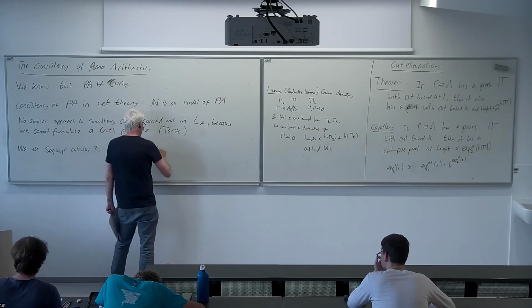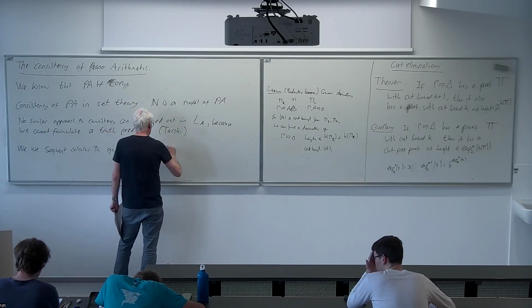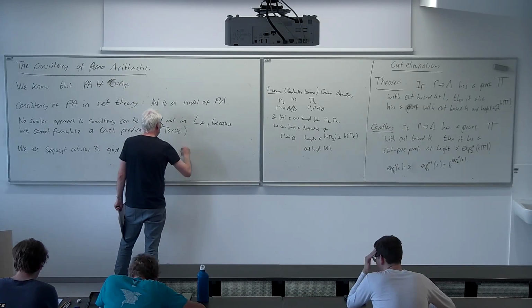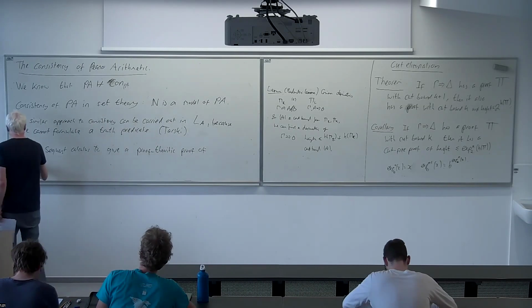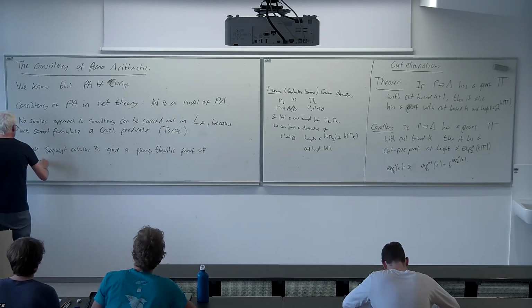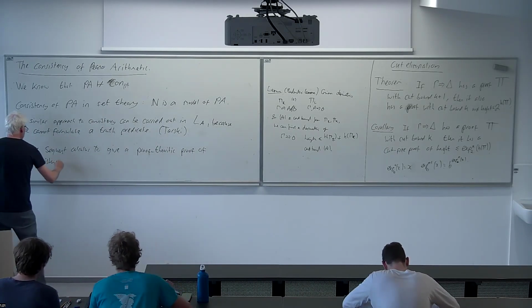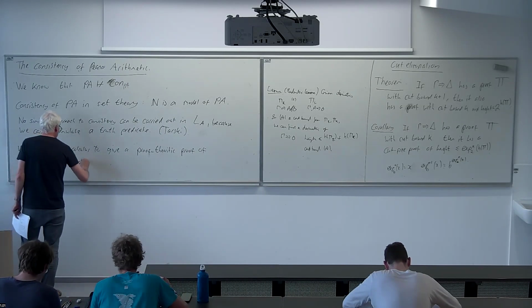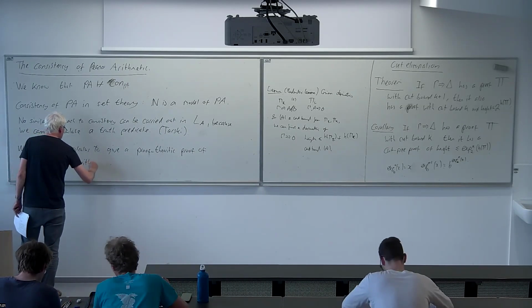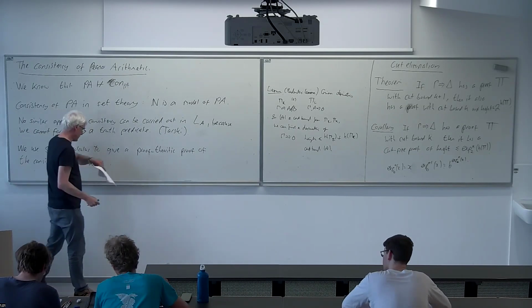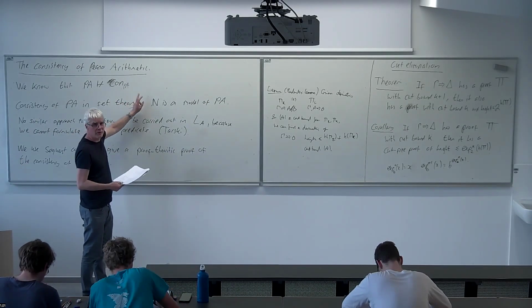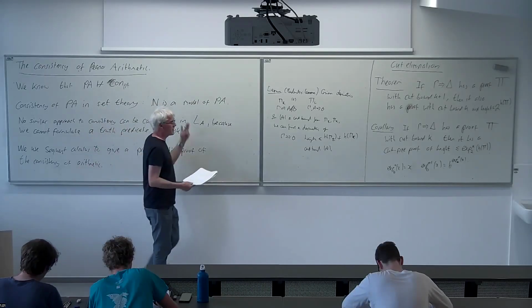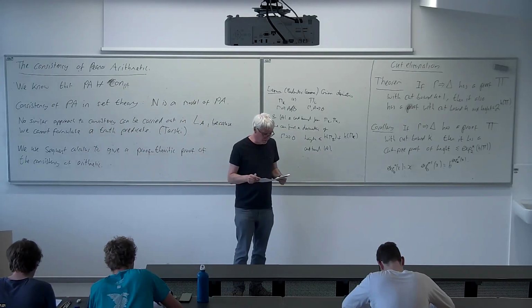So people call these proof-theoretic proofs of the consistency of arithmetic. In doing so, we're going to, as I say, identify exactly what additional principle we need to add to Peano arithmetic in order to be able to get what is missing from Peano arithmetic.